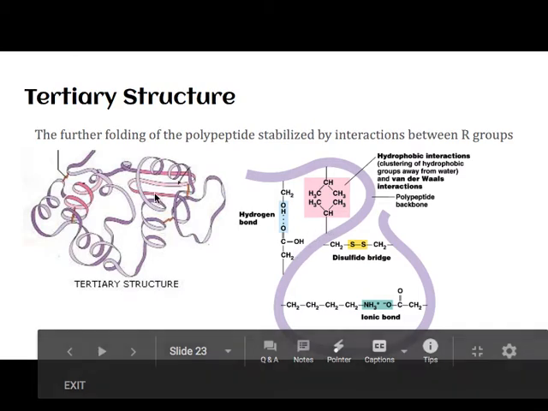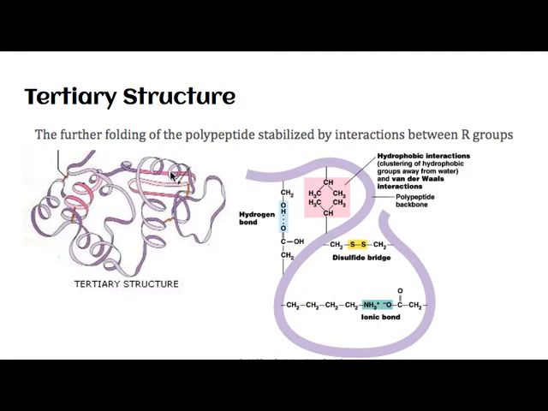So, does this look familiar? Helix, right? So helix with beta pleated, with further folding, you're talking about globular proteins now. Globular proteins are like globules, like enzymes are globular proteins. So all of your enzymes are in their tertiary structure.